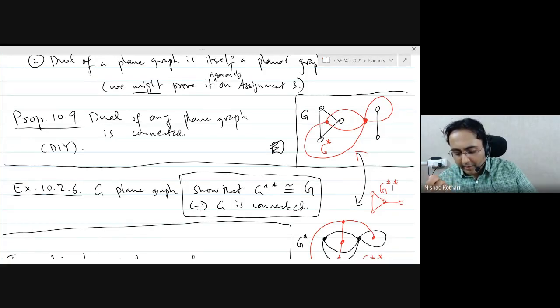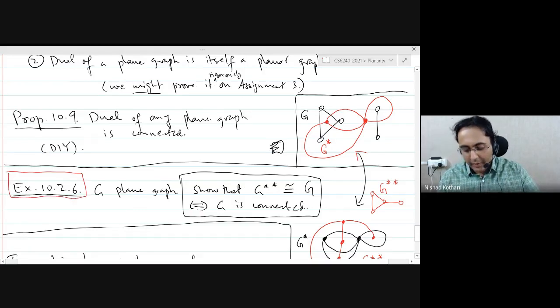The dual of a plane graph, as we defined it, is an abstract graph. So you can't really define its dual because we did not define the dual of an abstract graph. In order to make this exercise valid, we need to define the plane dual of a plane graph.